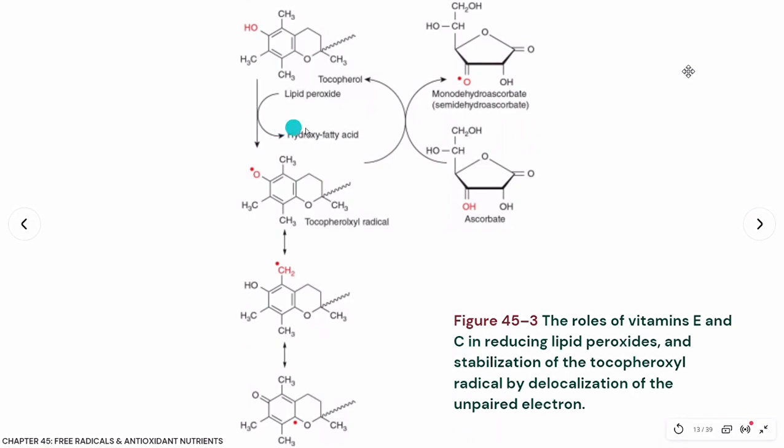No more free radical. But the free radical is now transferred to your alpha tocopherol. Here it is. All right. As a result, you will now have a tocopherol radical.